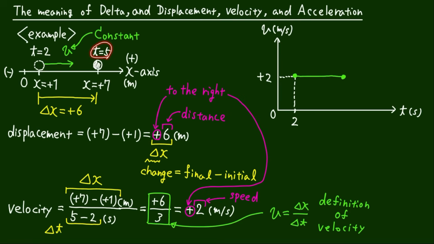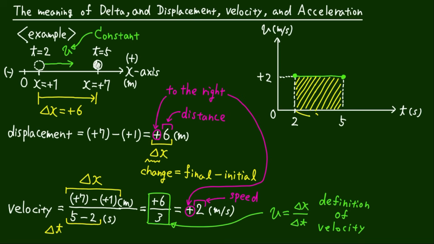And when time t equals 5, since the velocity is still plus 2, this point represents the final situation. Is that clear? Although this is a simple graph, this distance of 6 is actually represented within this graph. Now where is it? It is represented by this area, the area enclosed by this vt graph and the horizontal t-axis.